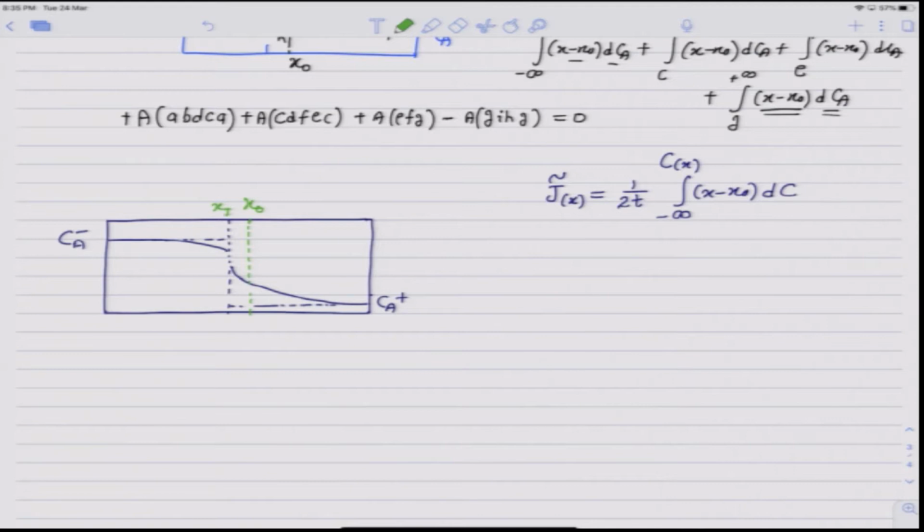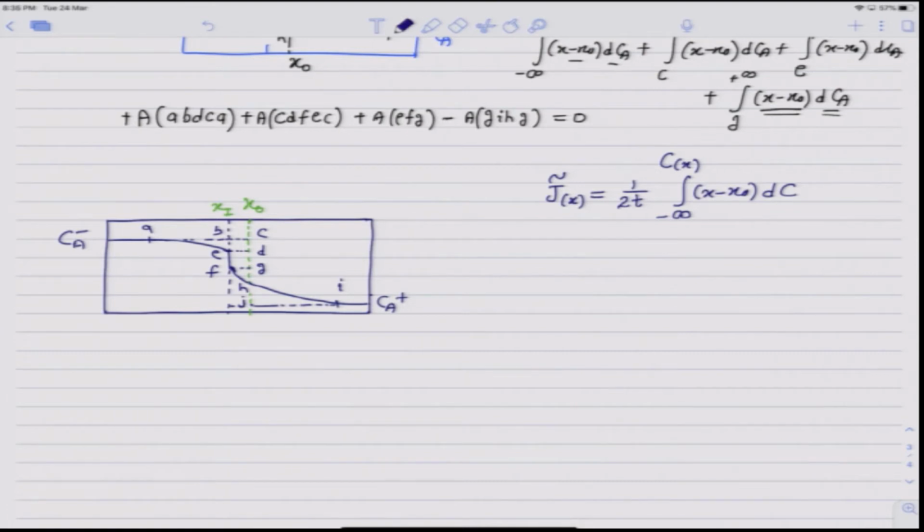This is the interface position xi. If you want to find out the flux at a point, there is a discontinuity here. Let us label these points A, B, C, D, E, F, G, H, I.